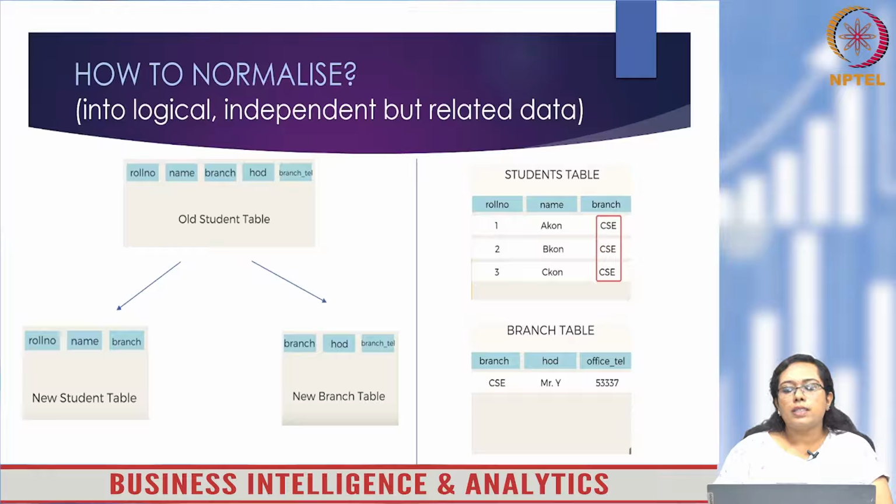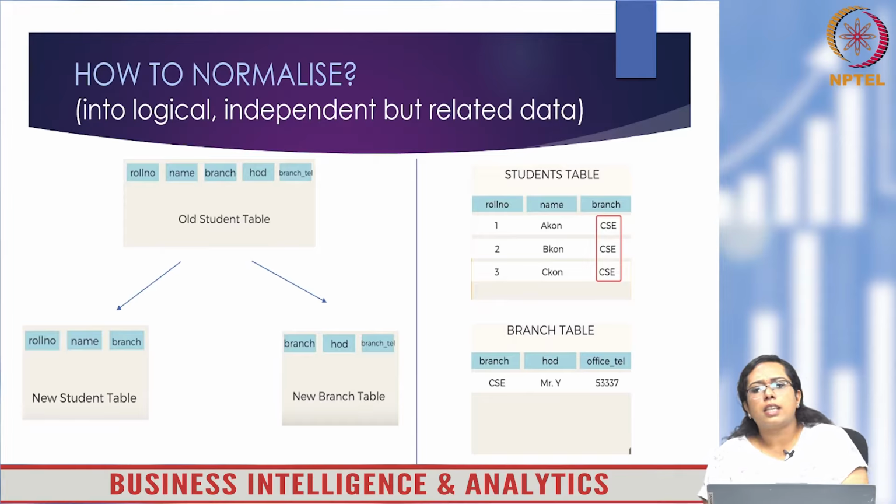So, what we do is we split that old student table into two new tables. The first table is the student table and the next table is the branch table. If we mention the branch name, HOD name and branch telephone number once in the new branch table itself, we can just reference it from the new student table whenever we need it. See the right side, this is our normalized form.